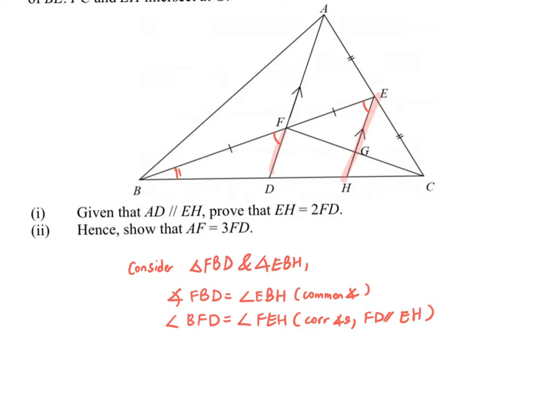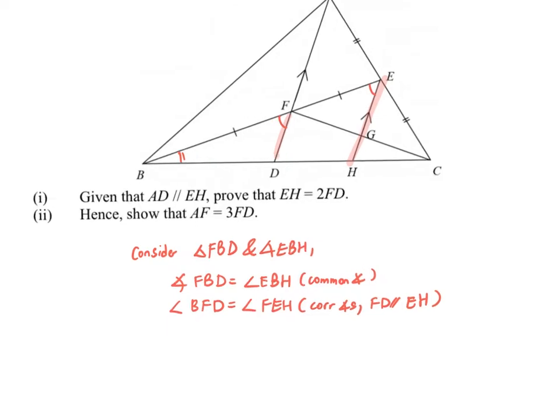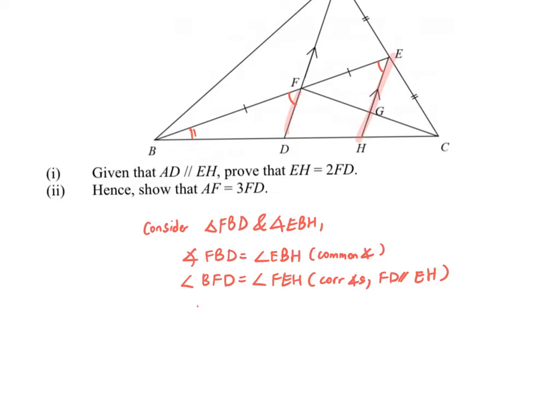So using the AA property, triangle FBD is similar to triangle EBH.